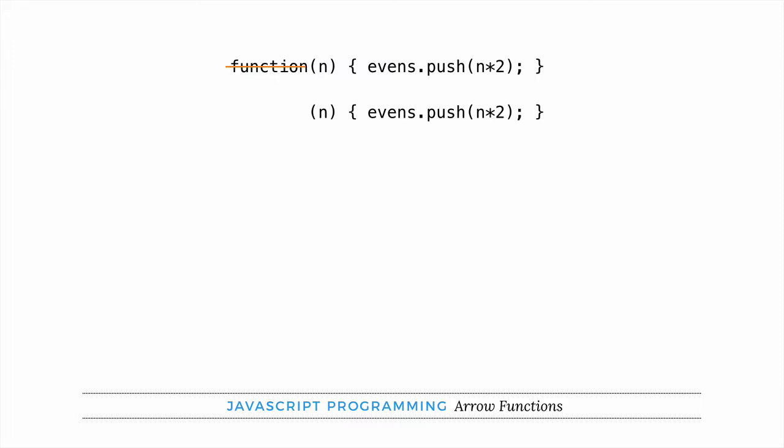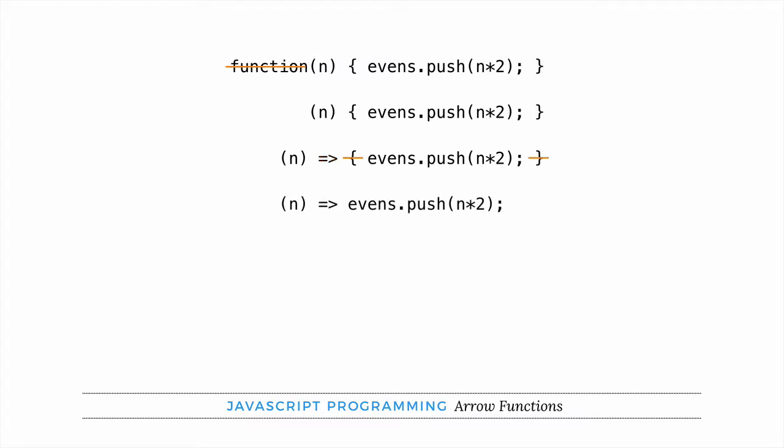Next, we write the arrow, which is equals greater than, between the parameter list, which doesn't change, and the body of the function. Finally, because the function has only one statement, I can remove the curly braces from the body of the function, although this is optional. Notice if you remove the curly braces, you also have to remove the semicolon at the end of the statement.